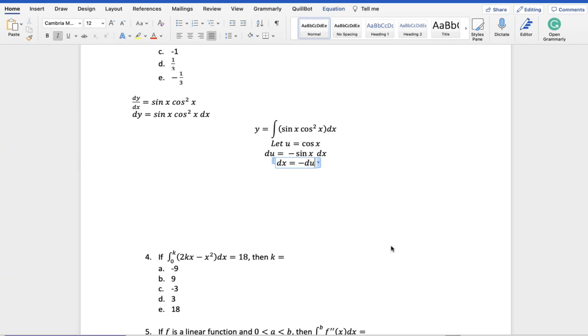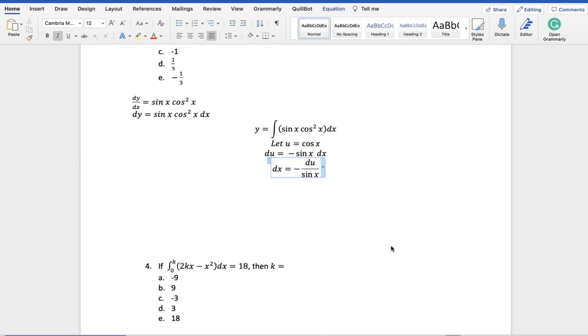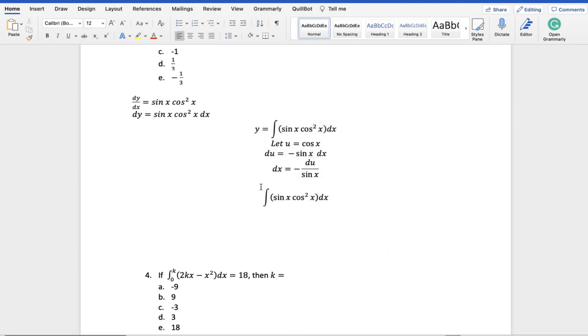So negative du over sine x, okay? Good. Thank you. And now that you have this, you can substitute it back into the integral. So if you do that, what do you get?